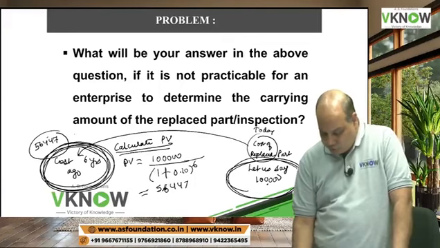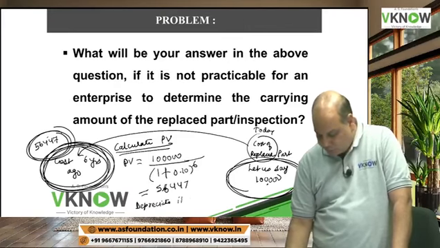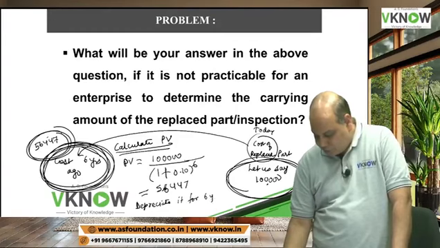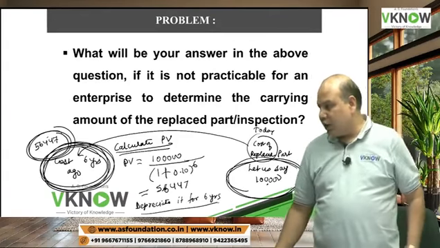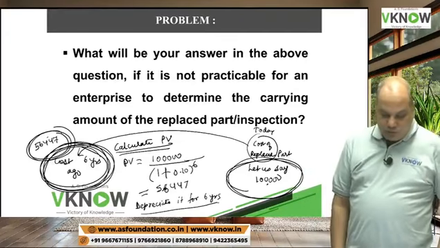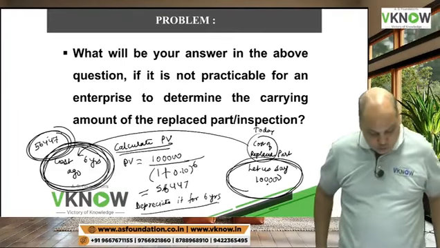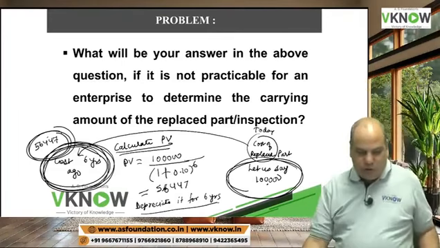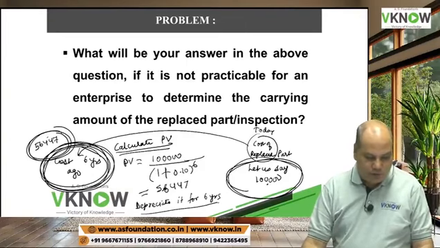Now what you have to do, after you have calculated this value, then depreciate it for 6 years and that will give you the carrying amount. So Sakshi is saying 56,447.3. You are right. Sanket Jain is saying 56,447. You are also right.